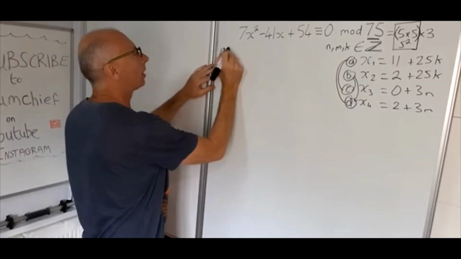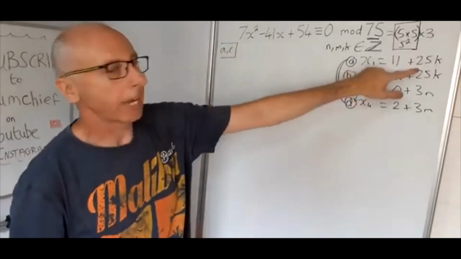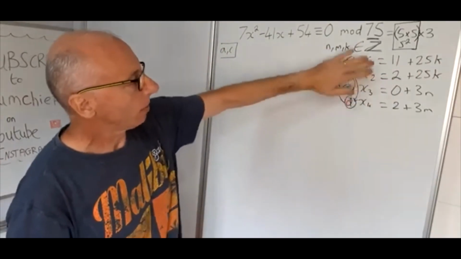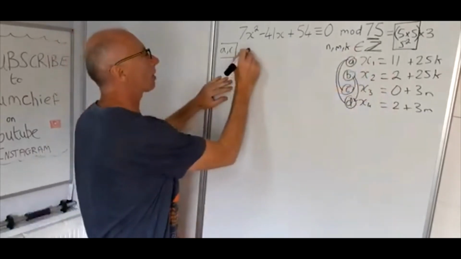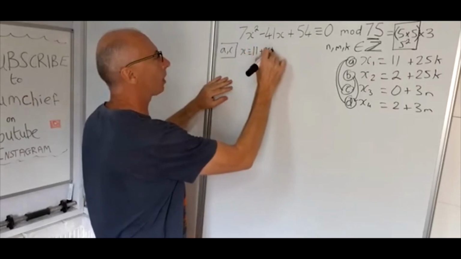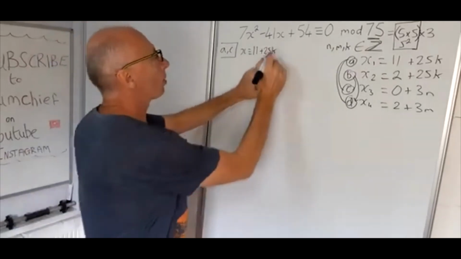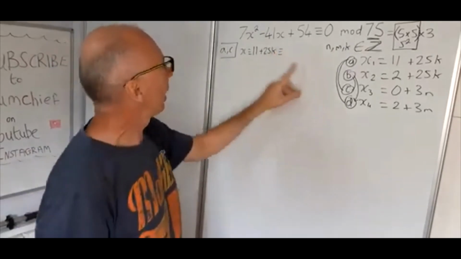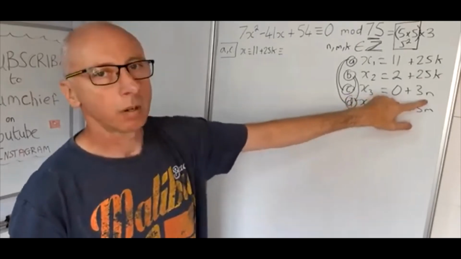So A and C. We take the first part of A, and now we're going to eliminate all these different letters here. I'm just going to call this X. So X is congruent with 11 plus 25k, and that is also congruent with, as we're dealing with C, 0 modulus 3.